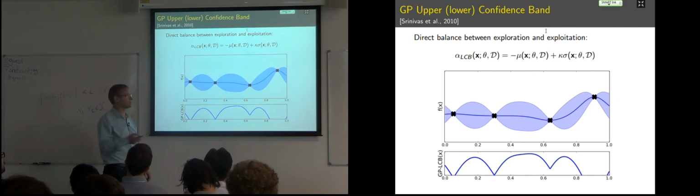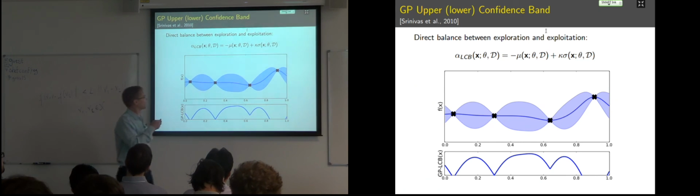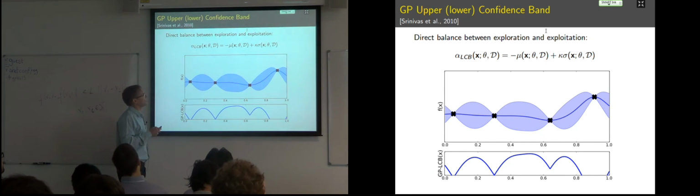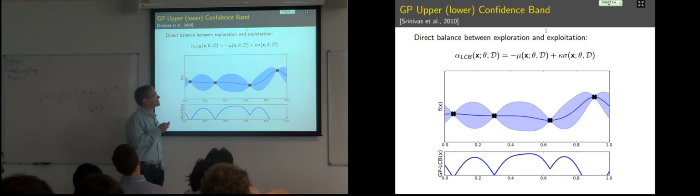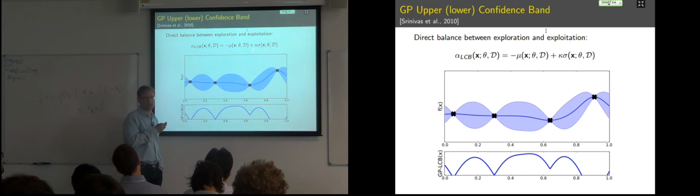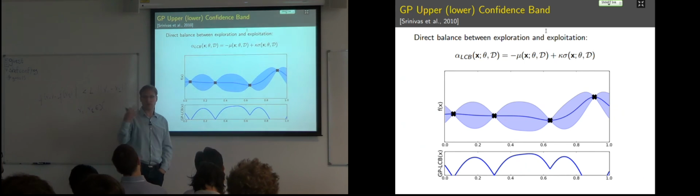If I were maximizing, I would not have this here. So essentially, you balance these two terms. The larger this k value is, the more I'm going to explore. The smaller this value is, the more I'm going to exploit, right?